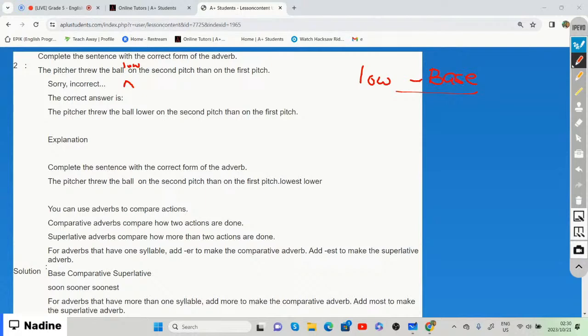We're comparing two actions. So this word changes into the pitcher threw the ball lower, because with comparative adverb we add an er.